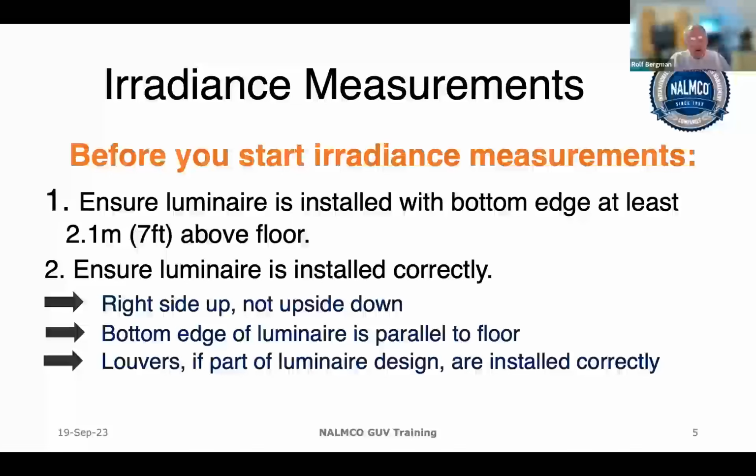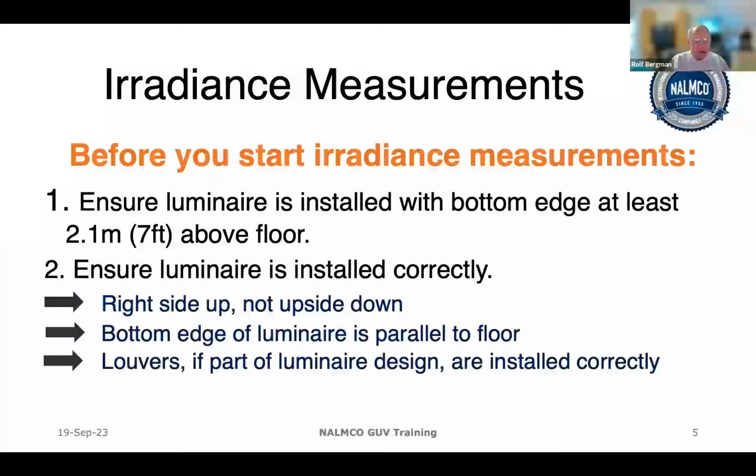Okay, if you're going to make measurements on an installed luminaire, you need to make sure before you start that things are correctly done. You need to ensure the luminaire, if it's an upper room luminaire usually installed on the wall, has its bottom at least 7 feet above the floor, not lower than that.